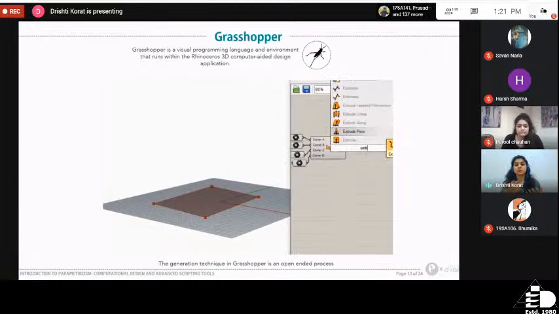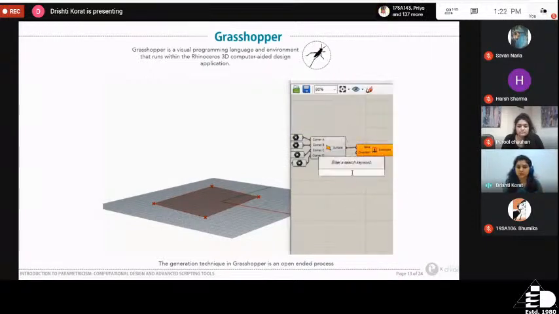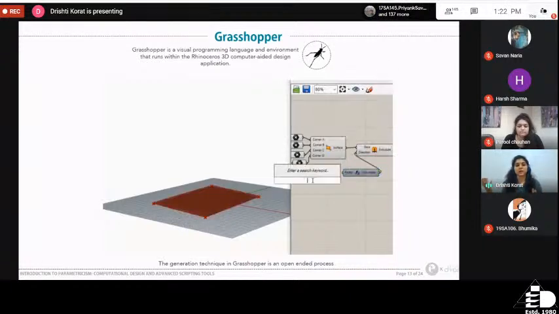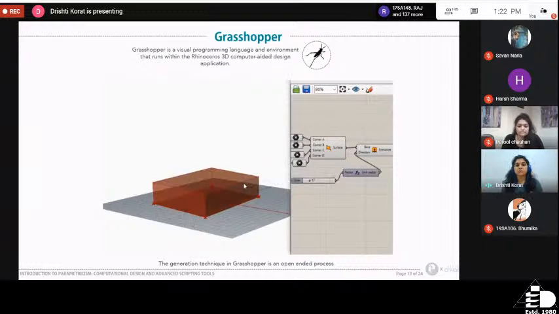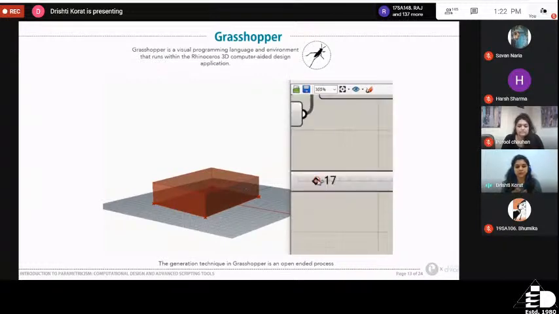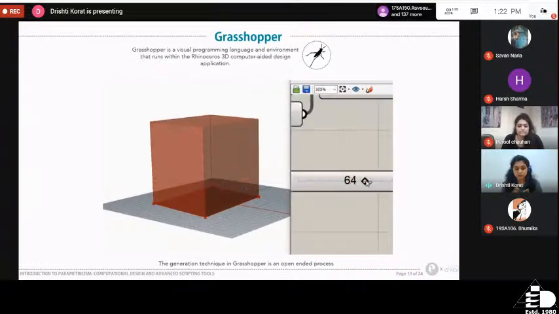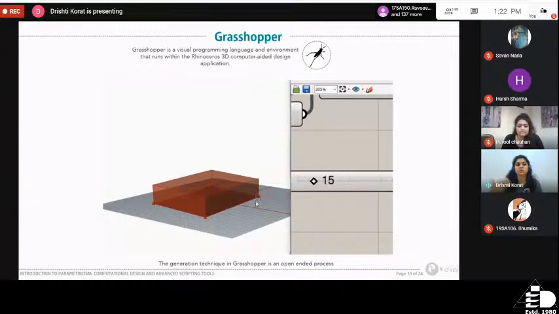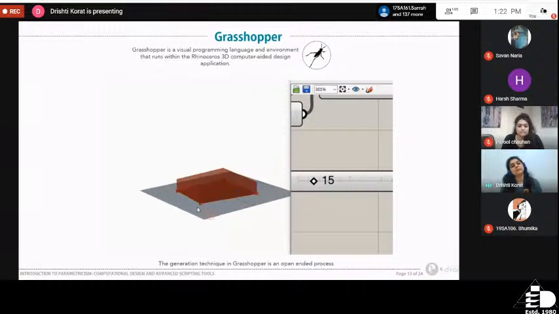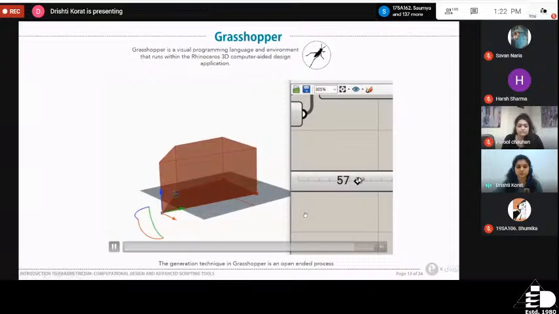Then I say I want to extrude it. I use a component called extrude, and I use this base plane, and I say I want to extrude it in the Z direction, by, for example, 34 units or say 17 units. What you see here is, when I change this parameter, this essential parameter of height, the box changes. Or when I change the location of the point, automatically the entire design or shape changes.